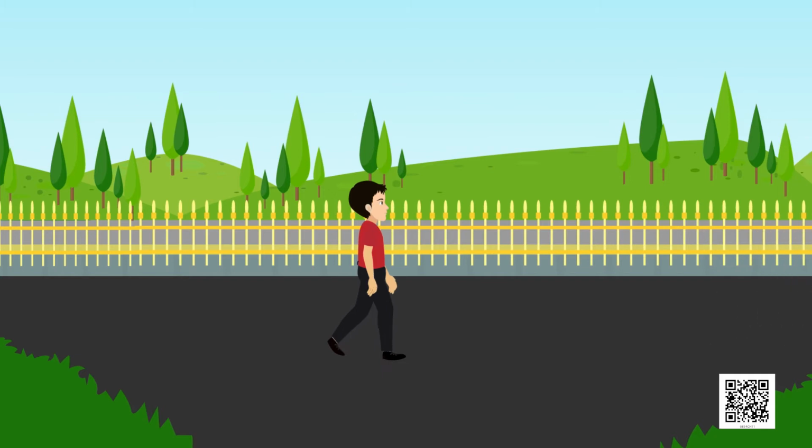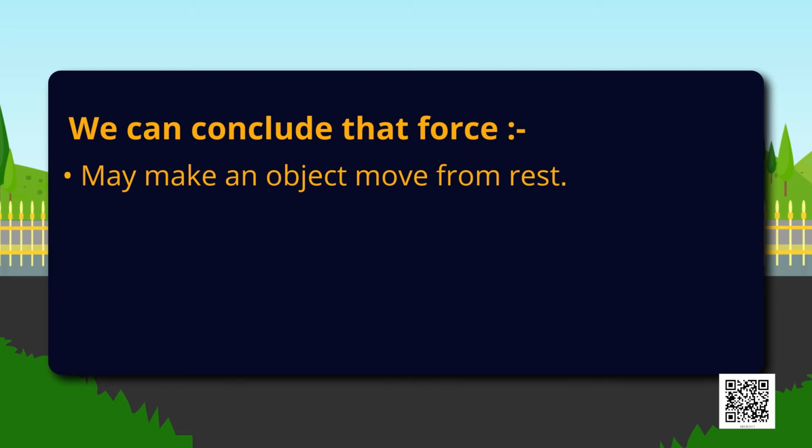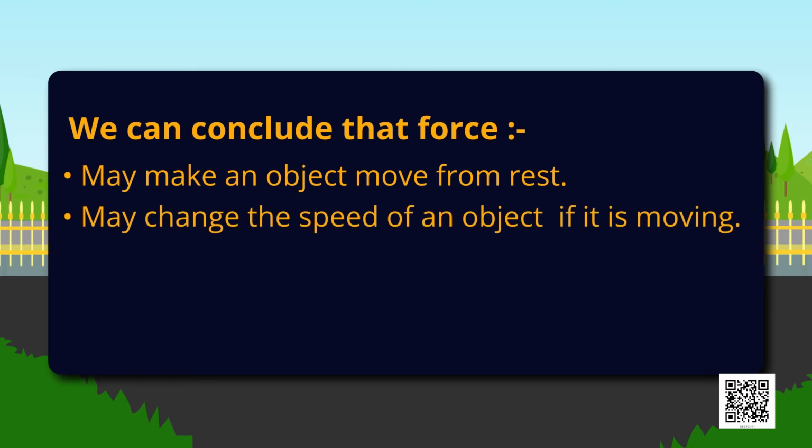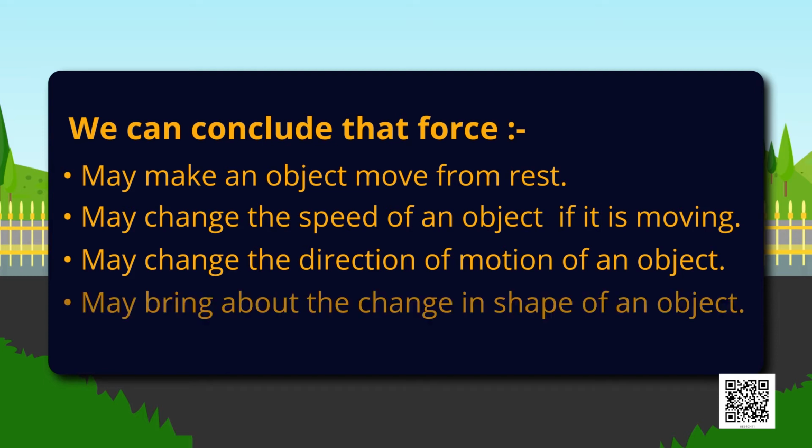So, dear students, from these examples, we can conclude that force may make an object move from rest, may change the speed of an object if it is moving, may change the direction of motion of an object, and force may bring about a change in the shape of an object.